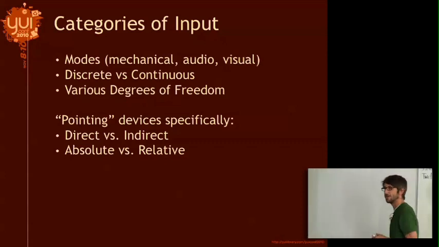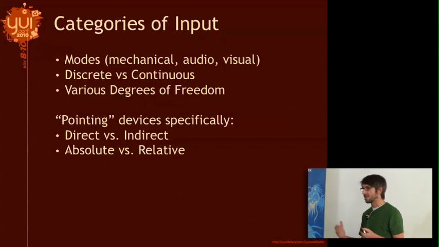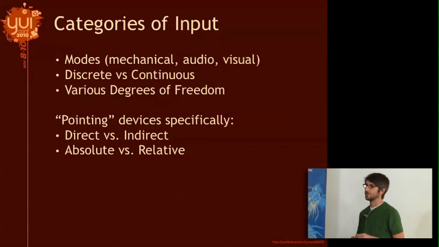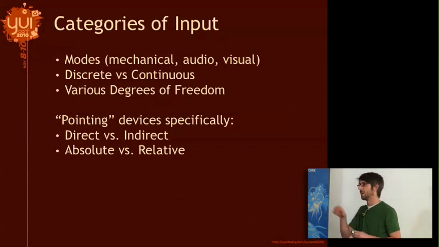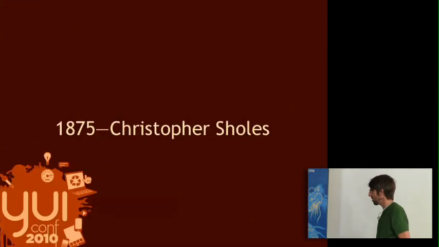The interface is the content, and it's all right there. Another distinction is absolute versus relative, and really that just means the coordinate space. Absolute is a touch screen where you're absolutely touching where you're touching, whereas with the mouse, it's more relative. You can pick it up and move it and reset. So those are some of the broad categories of input.